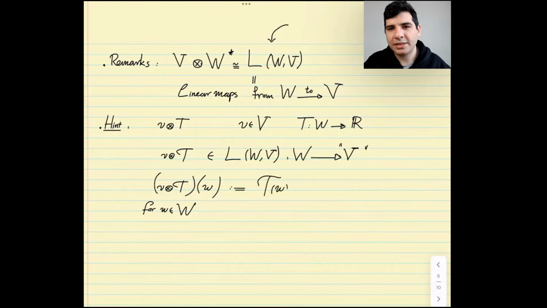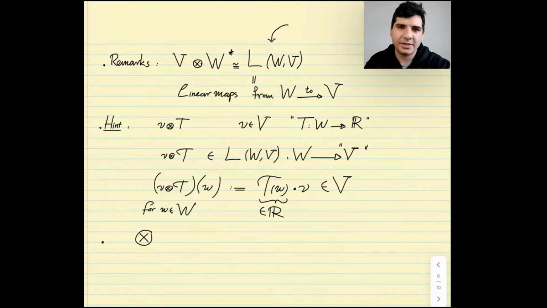Now look at T of w, which is a real number because T is a linear map defined on W. So I can simply multiply this real number, this scalar, by the vector V. It would be something in V. So V tensor T defines a linear map from W to V, right? That would be the thing I would associate to V tensor T on the right-hand side of this identification. It's good to think how this identification would extend to the whole spaces.